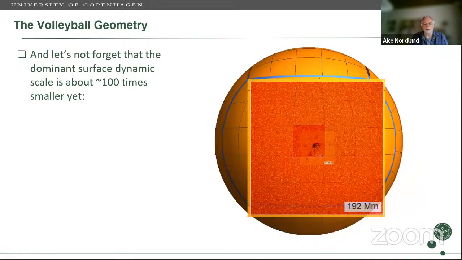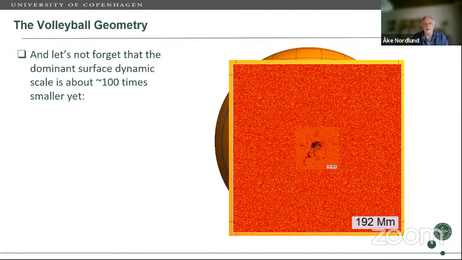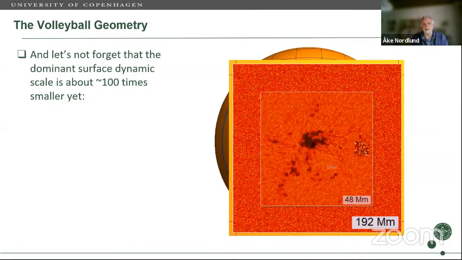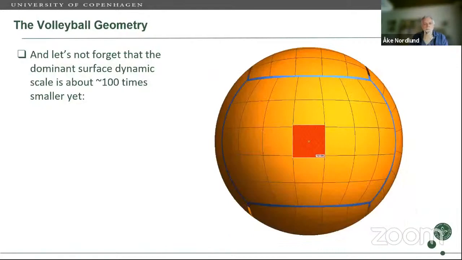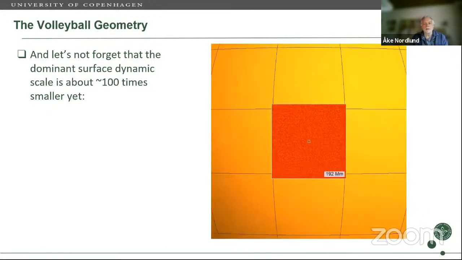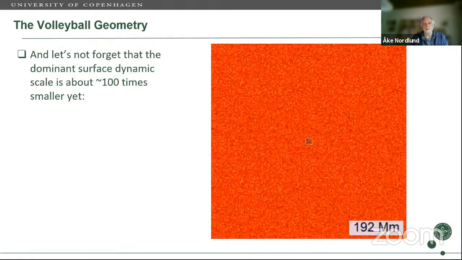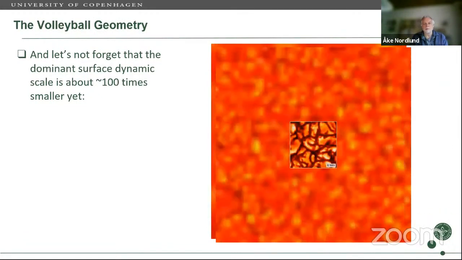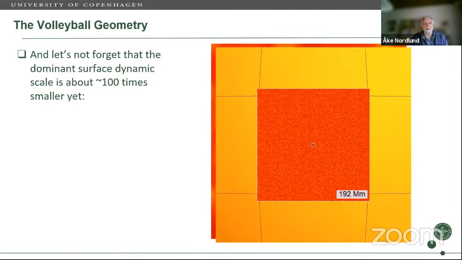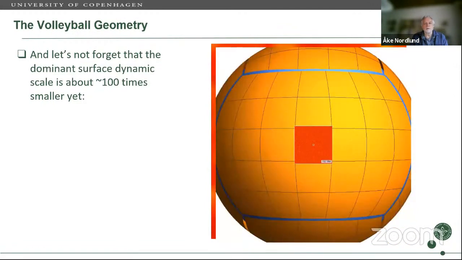Here's the zoom in to the box simulation, and you can zoom in once again, and you get to the surface dynamic scale, which is about 100 times smaller. And do it in a context which may not be working on Zoom, perhaps, but I'm just going to go through it nevertheless. And then we come to the first problem.